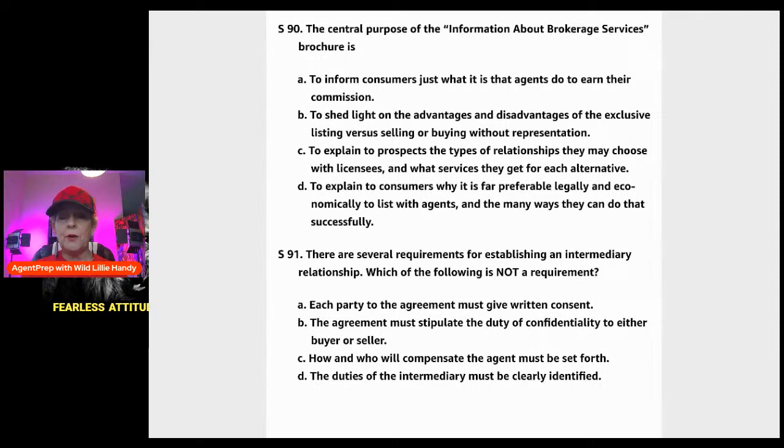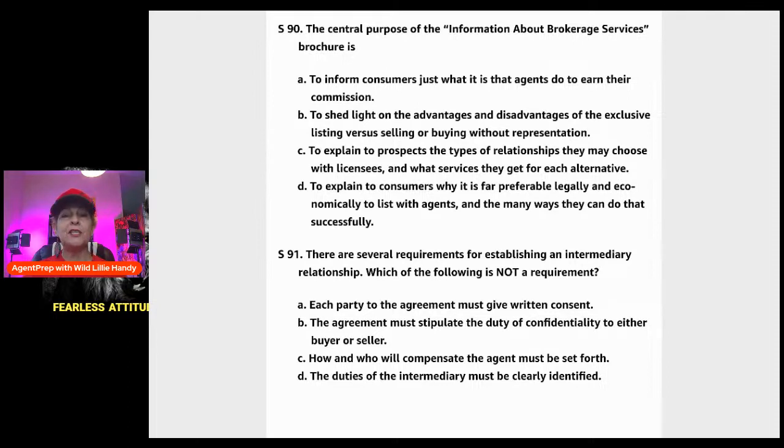C, to explain to prospects the types of relationships they may choose with licensees and what services they get for each alternative. D, to explain to consumers why it is far preferable legally and economically to list with agents and the many ways they can do that successfully.